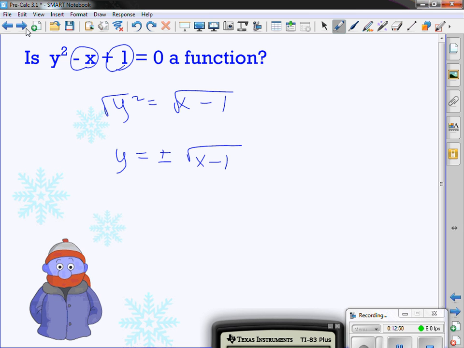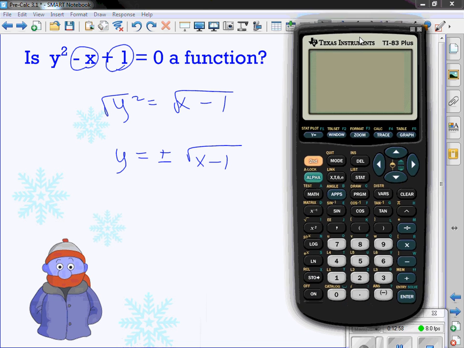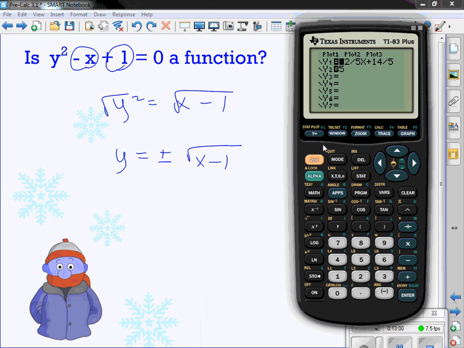So I can't put this in the calculator. I can't put plus or minus in the calculator. The only way to do this in the calculator is on two separate lines: the square root of x minus 1, and on the other one, negative the square root of x minus 1.